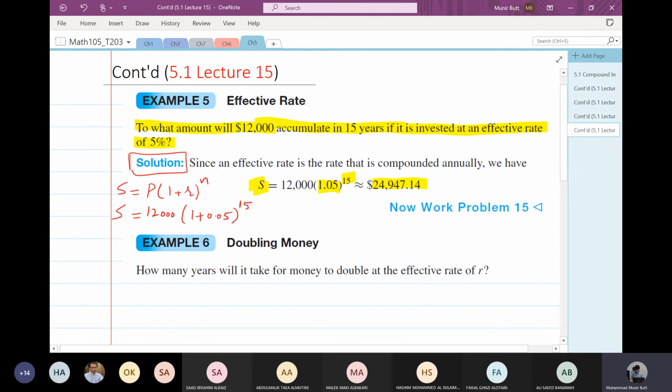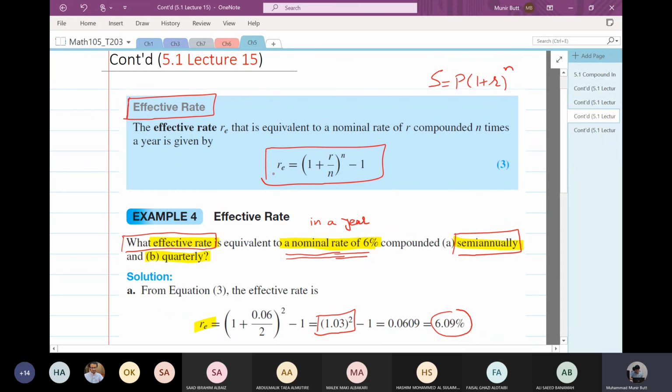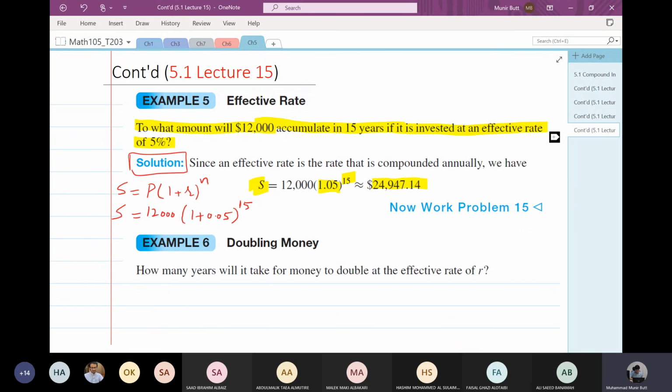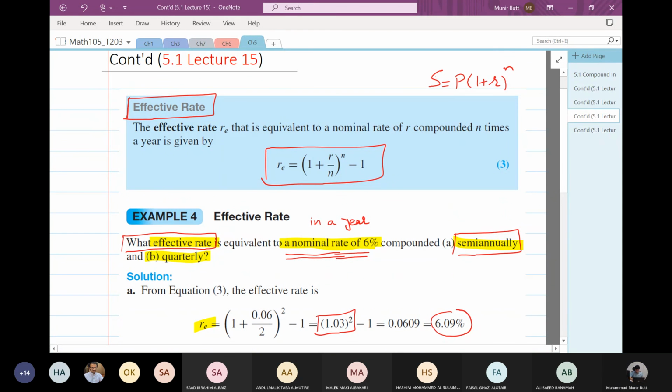The previous question was different. So in that question we found the R, the effective rate, and here he asks us to find S. Agree? Yes. The formula for finding R is different, but here he gave us R, and there we had to find R. Okay.